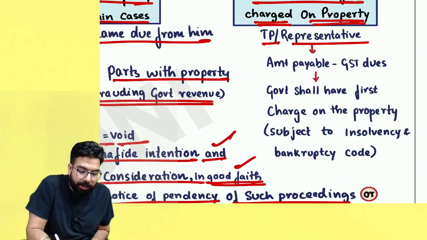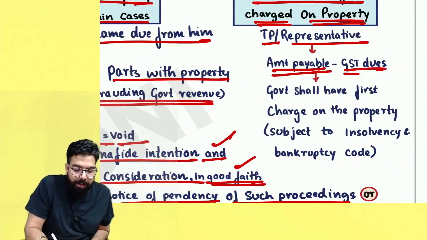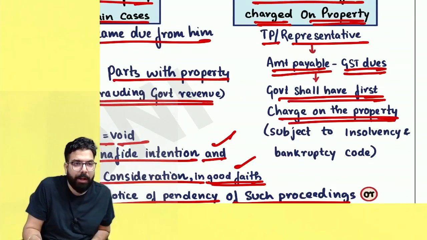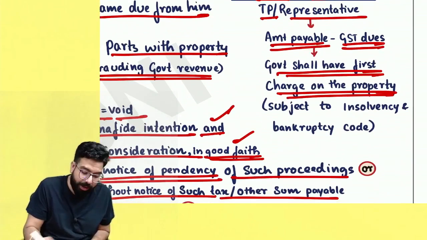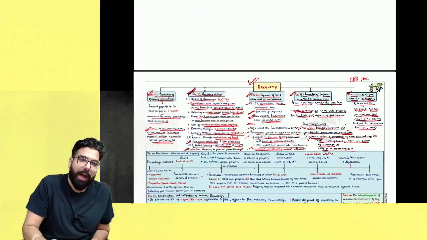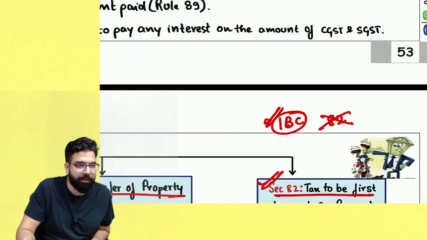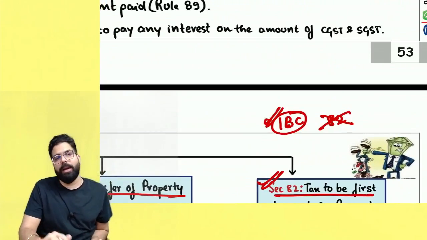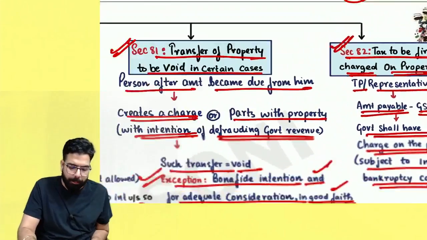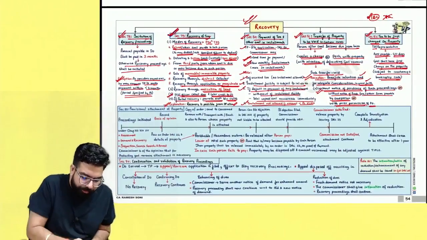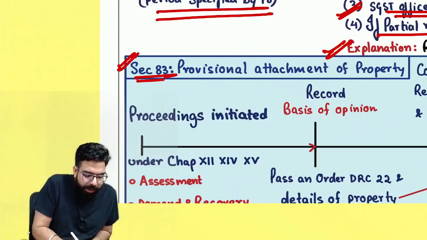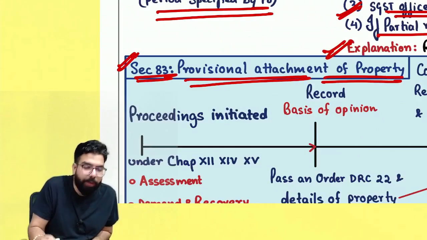It says taxable person or representative, amount payable, then GST dues, then government shall have first charge on the property. Government will recover its GST amount first, but that is always subject to IBC. If the Insolvency and Bankruptcy Code says something else, then that will prevail, and section number 82 will not prevail. The next one over here is section number 83, which talks about provisional attachment of property.